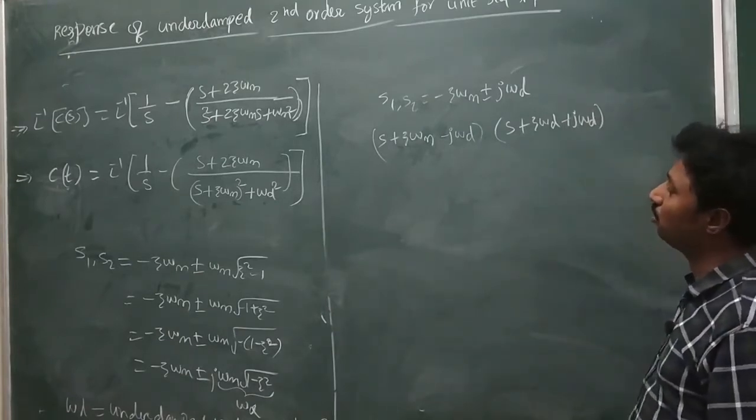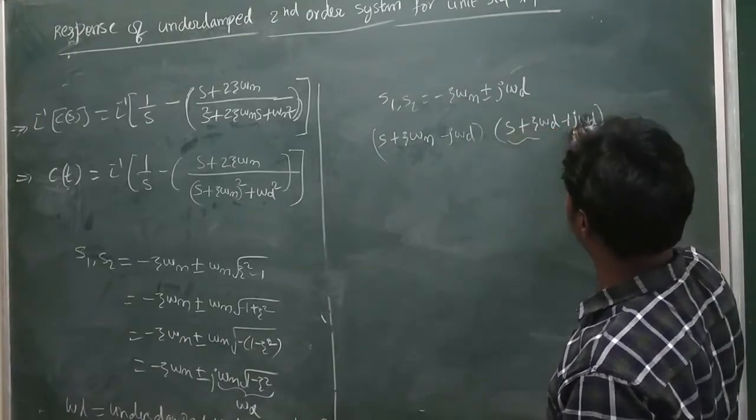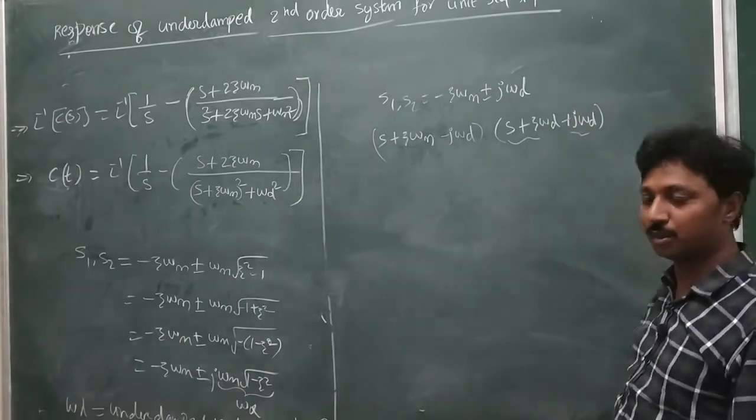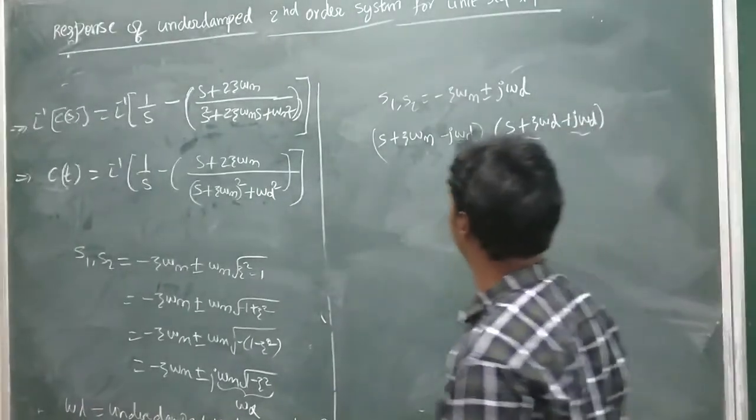So now it looks like (a plus b) into (a minus b). (a plus b)(a minus b) is equal to a square minus b square.